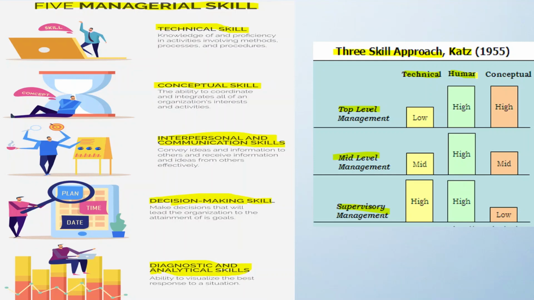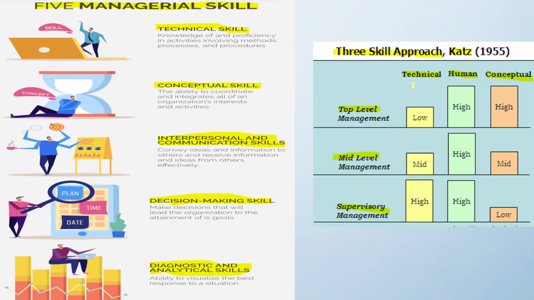Here in top level, the conceptual is the top one, highest order. Then human approach is also high. Now the technical skill has to be there, but it possibly can be low. There is no need of high technical skill in the top level of management.